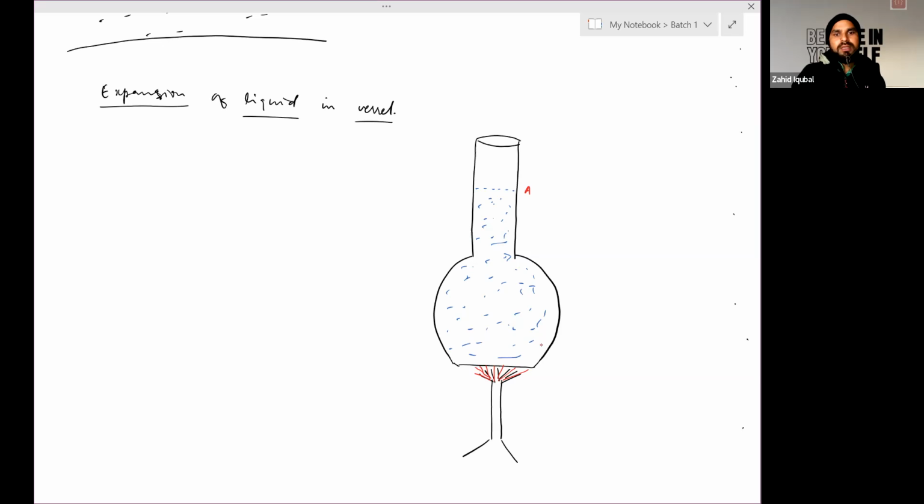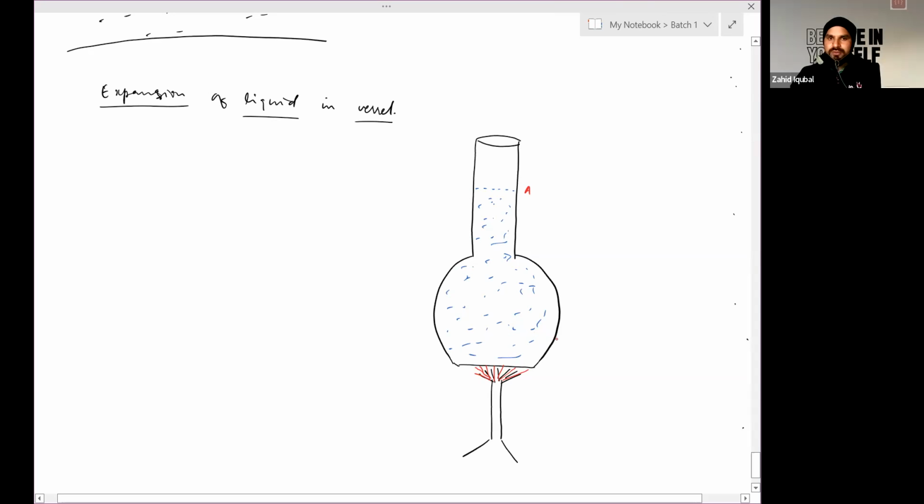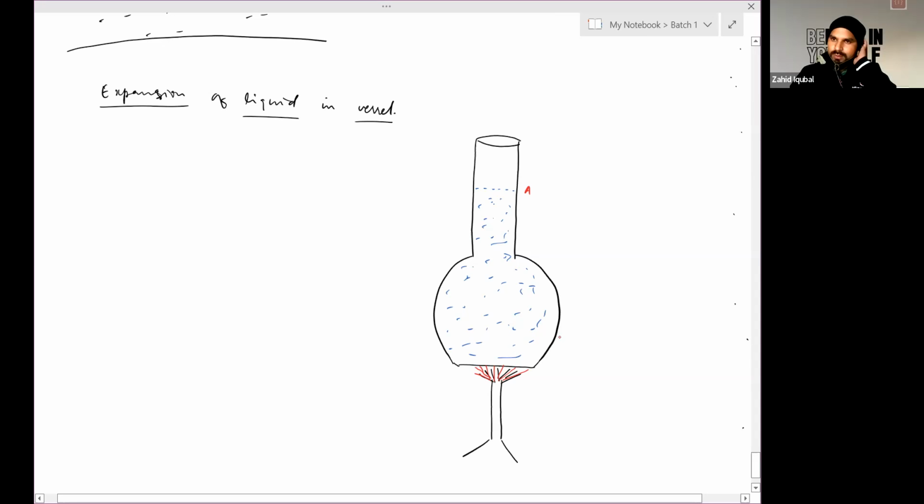Just think first: on giving heat to this particular system, which will receive heat first, vessel or the liquid? Vessel. So which one will expand first, vessel or liquid? Vessel. So on expanding the vessel, does the level of liquid in it increase or decrease?